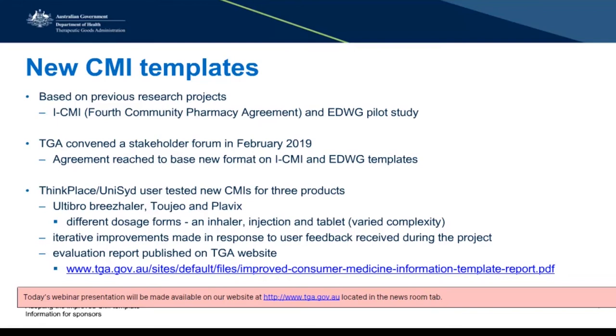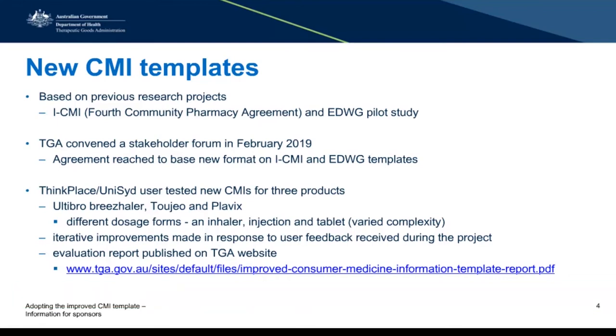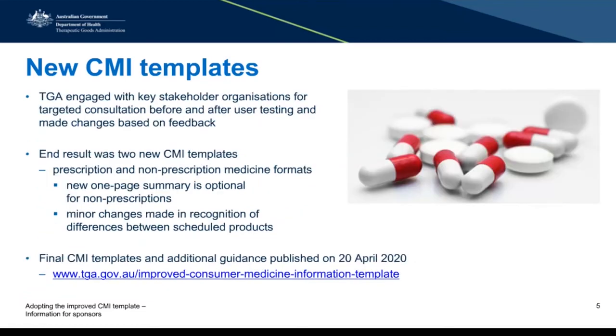And that user testing resulted in an evaluation report which we published on the TGA website, which I've provided the URL for there on the screen. So that's been published now for well over 9 months, so people have had access to that for some time. I'll just hand back over to Sylvia now to discuss.